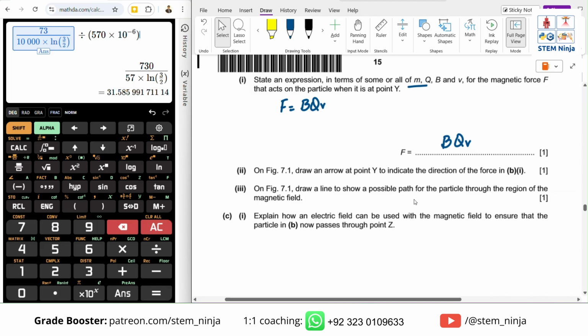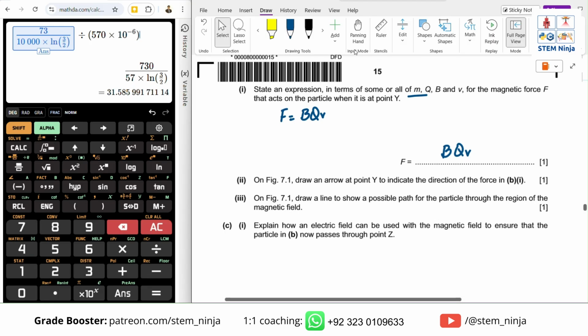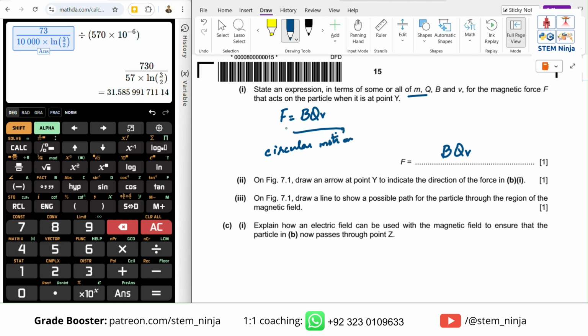On figure 7.1, draw a line to show the possible path of the particle through the region of the magnetic field. This tells us that this is going to be a circular motion, because the magnetic force is perpendicular to the direction of B and the velocity.